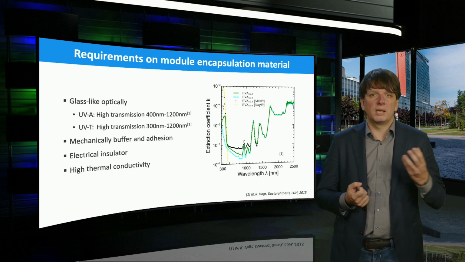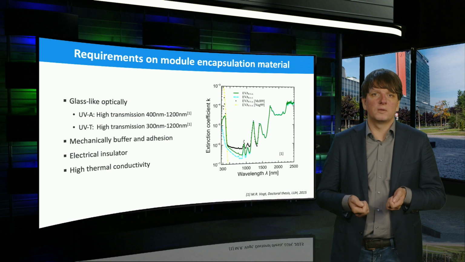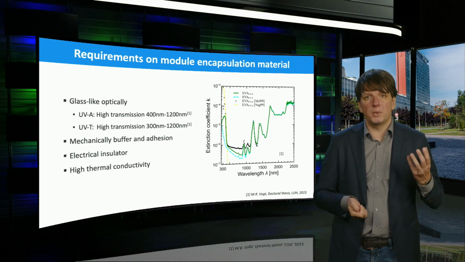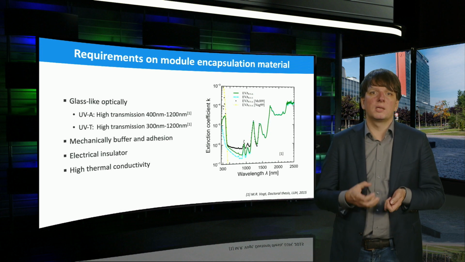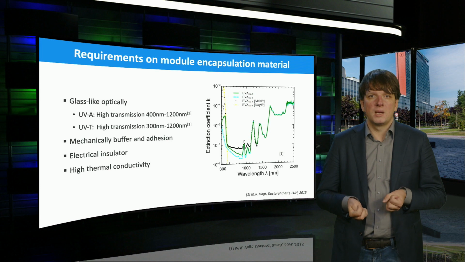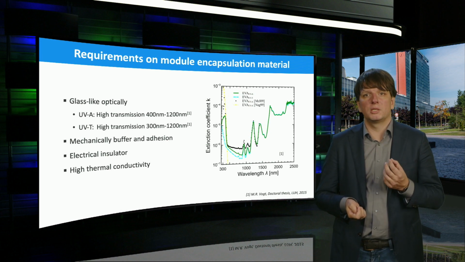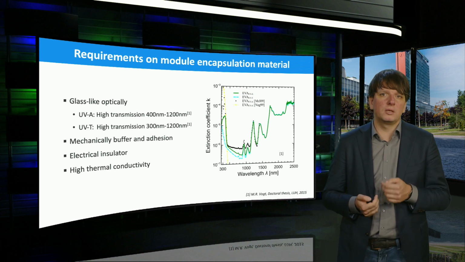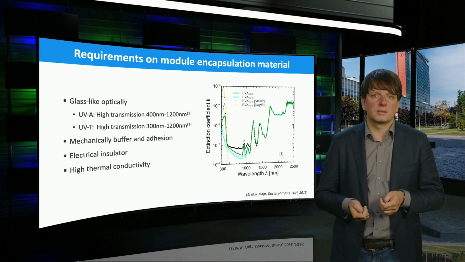They are typically the hottest part of a solar module. A higher temperature lowers the operating efficiency and can even cause damage in extreme cases. High thermal conductivity of the encapsulation material helps with passively cooling the solar cells.